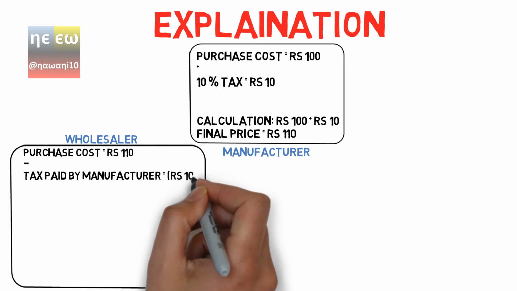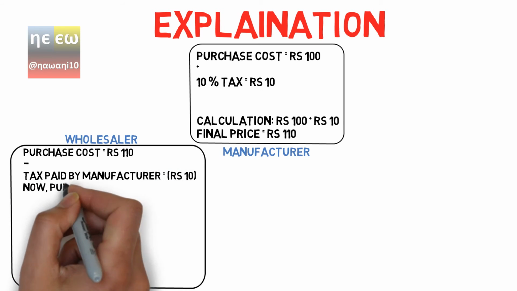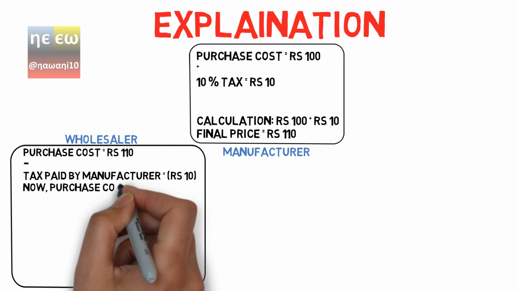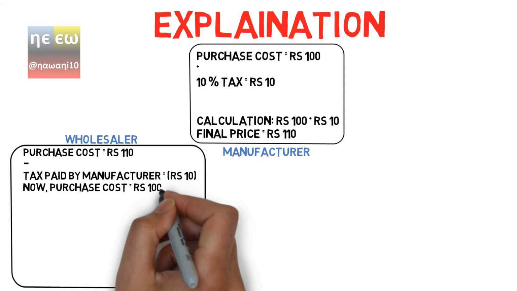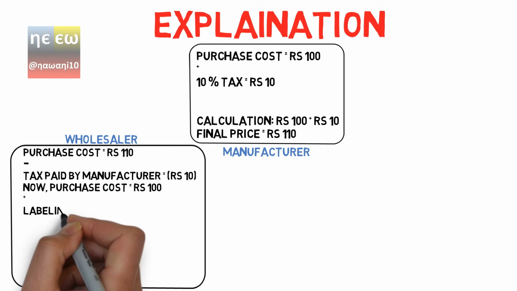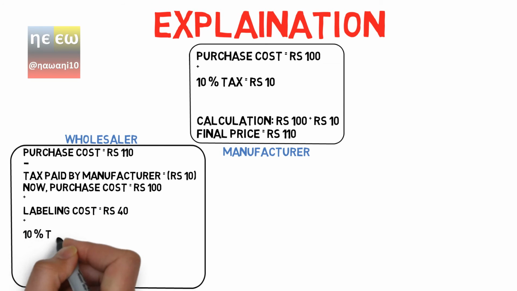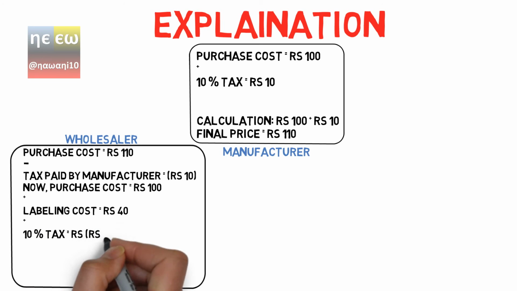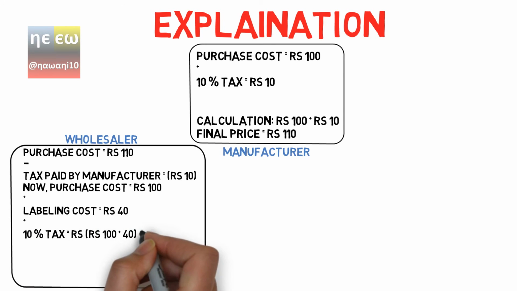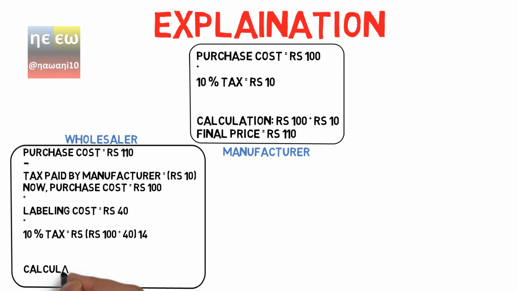Now, purchase cost equals rupees 100 plus labeling cost equals rupees 40 plus 10% tax equals 10% of rupees 100 plus rupees 40 equals rupees 14. Calculation, rupees 100 plus rupees 40 plus rupees 14. Final price equals rupees 154.